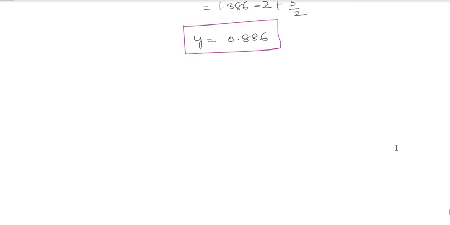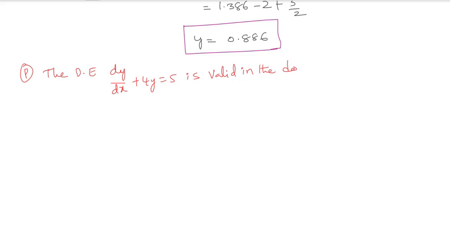Solve one more question, which is GATE 19. The differential equation dy by dx plus 4y is equal to 5 is valid in the domain 0 is less than or equal to x is less than or equal to 1, with y of 0 is equal to 2.25.